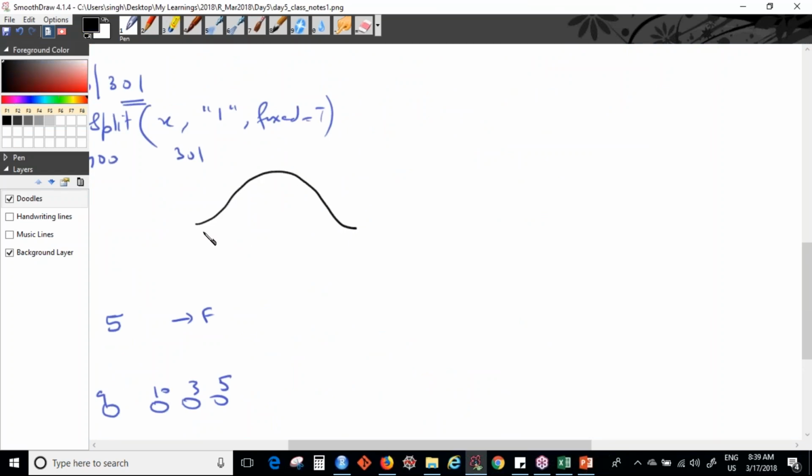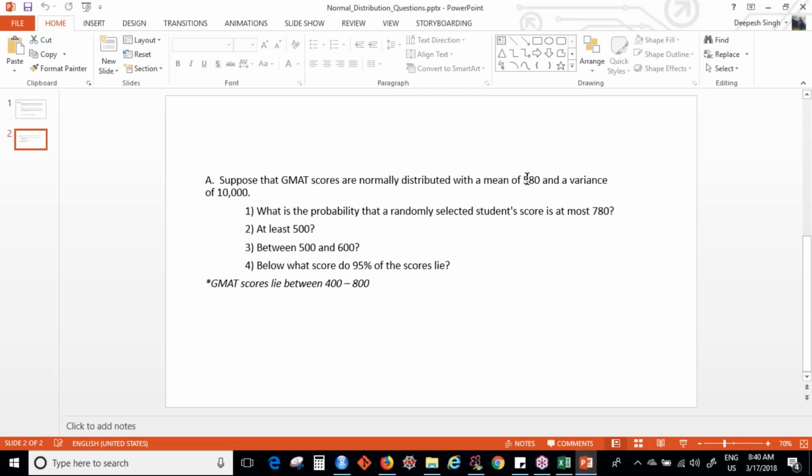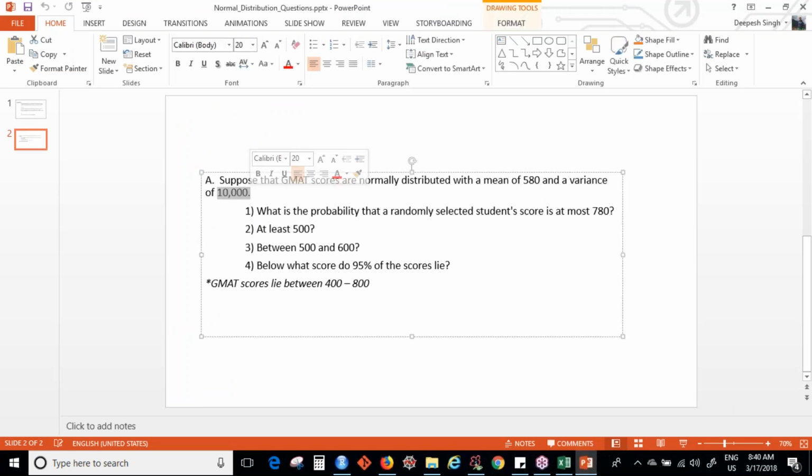So this is your population, your mean is 580, and you can just take the square root of the variance to get your standard deviation. So your standard deviation is 100. What you have to find is below what score do 95% of your scores lie.